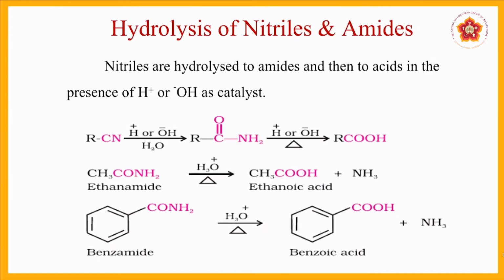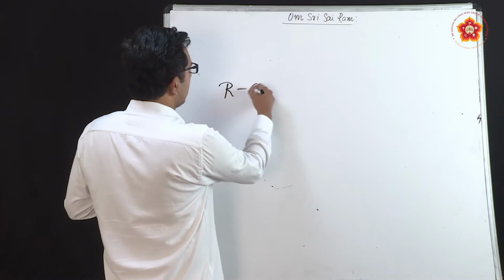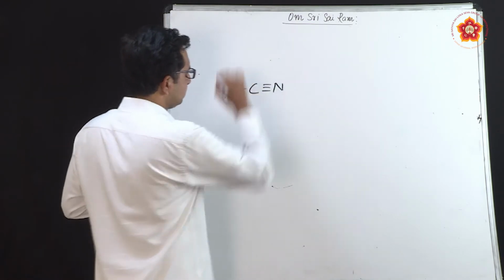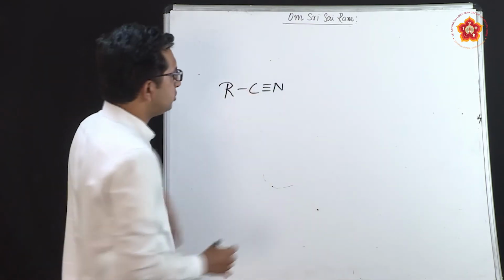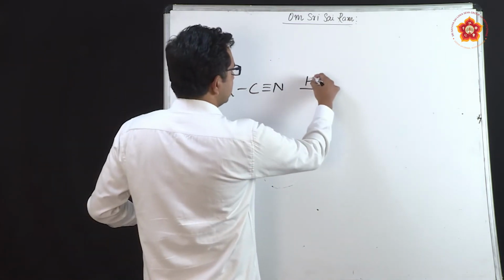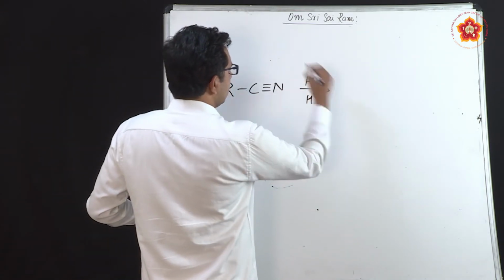So moving to the third setup now, which is hydrolysis of nitriles and amides. So here we undertake hydrolysis reactions where carboxylic acids as well as ammonia byproduct is formed. So how does this form is, the nitrile compounds are taken, RCN, and to these nitrile compounds if we undertake hydrolysis, that is H2O in the case of acidic medium.